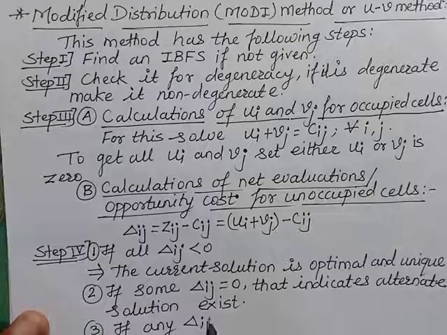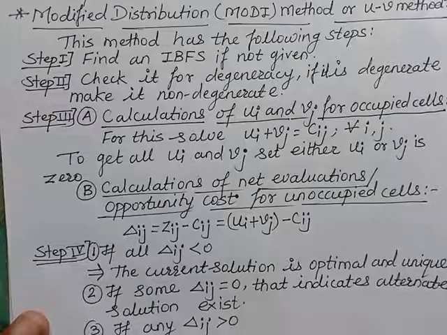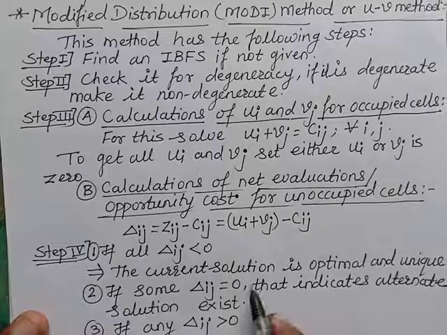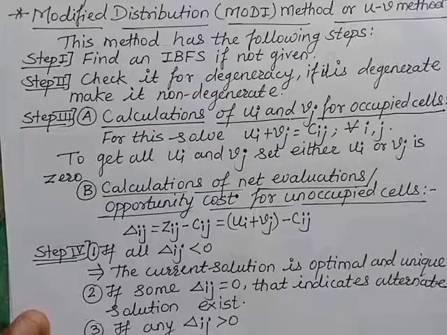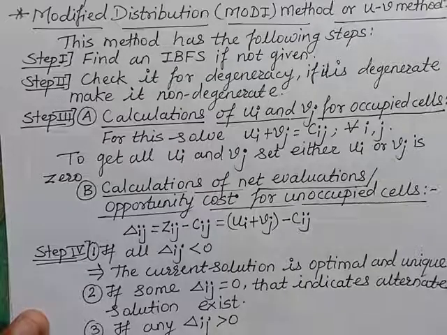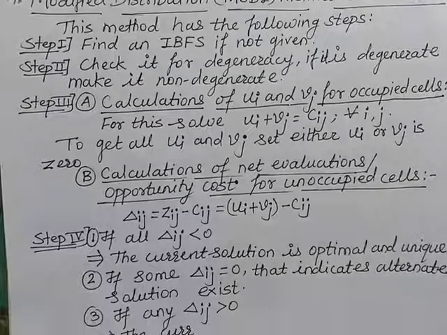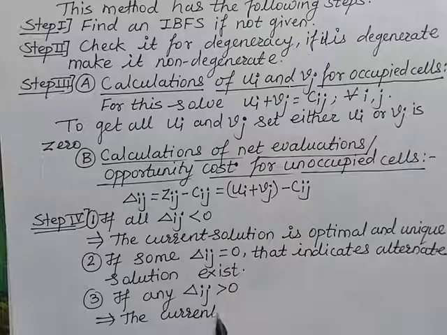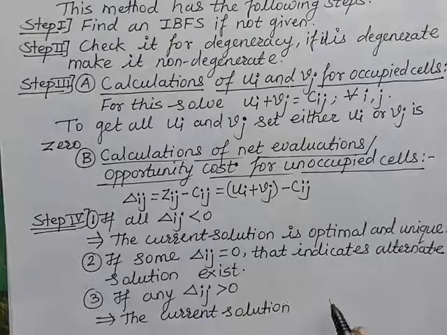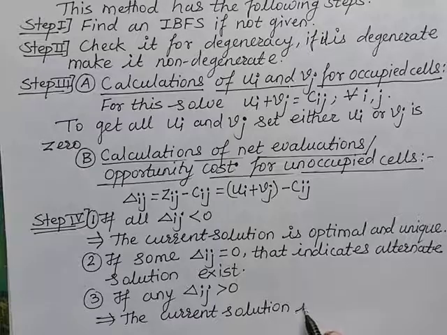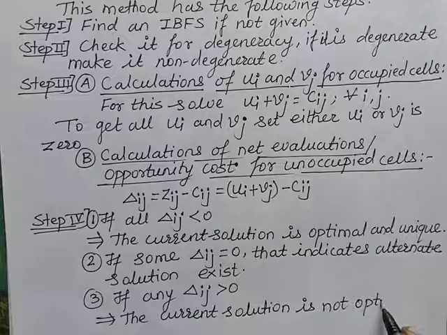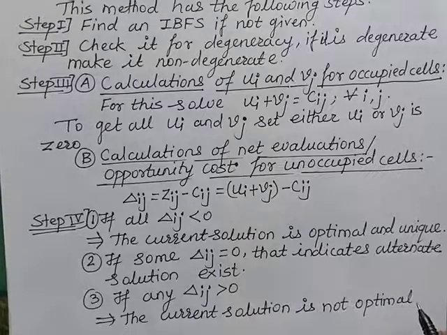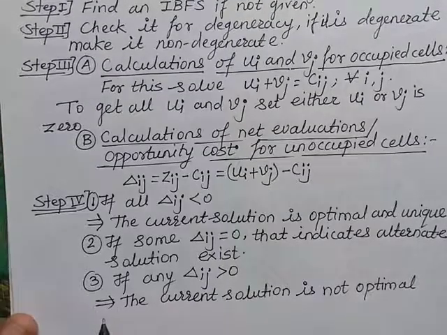Third, if any delta ij is greater than 0, it says the current solution is not optimal.